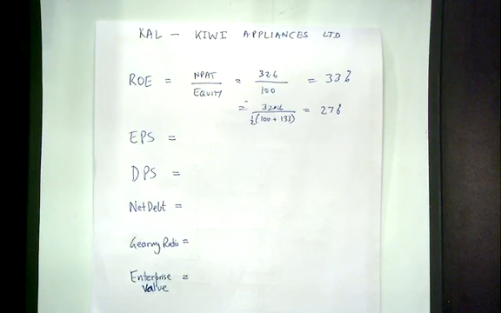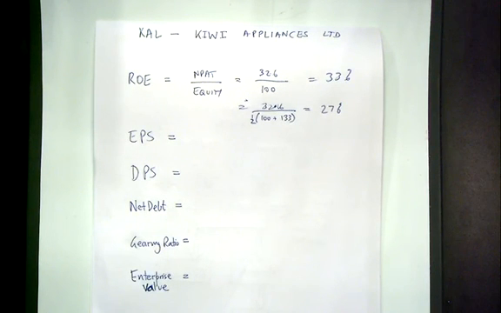How did you go on the earnings? What's your name, sorry? Chad? Yeah. How did you go on question 2, the earnings per share? Anyone done question 2, earnings per share? Sorry? 23 cents. And what was your equation? Net profit after tax over number of shares outstanding. Yeah.